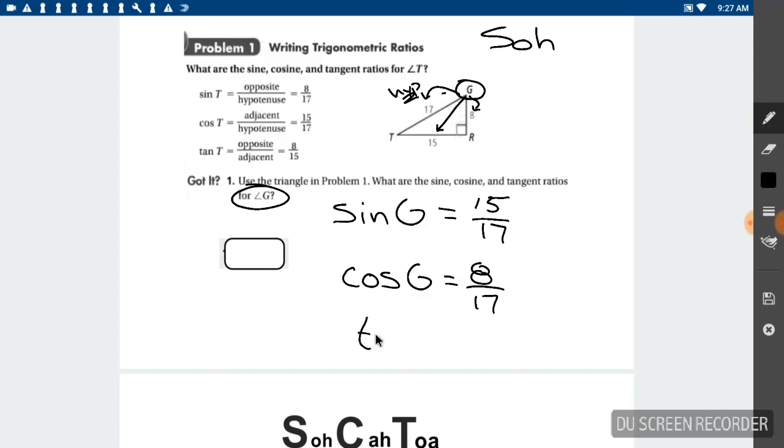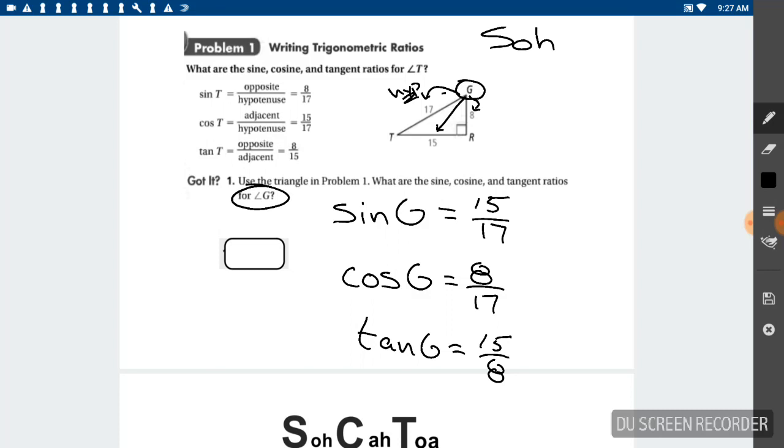Right? And then the tangent of G, tan, how it's abbreviated, is the opposite. So toa, opposite 15, and adjacent 8.